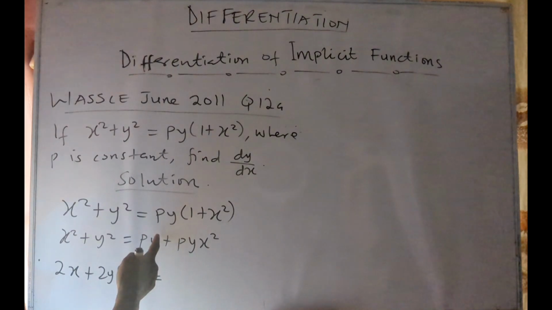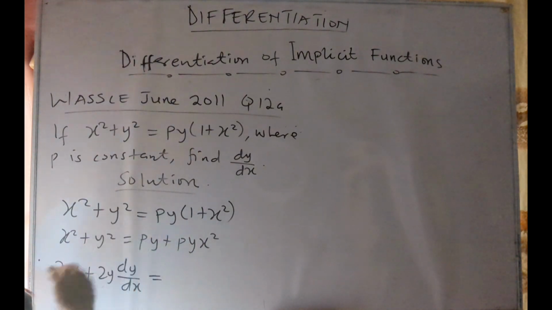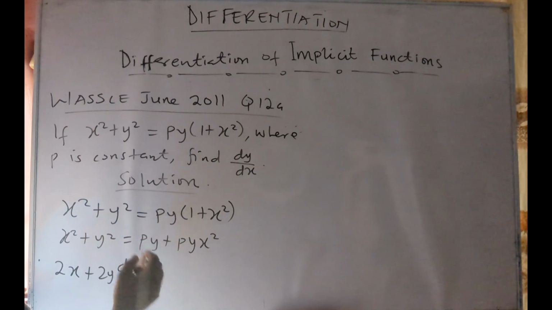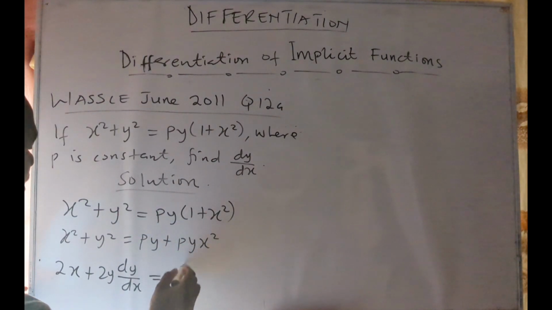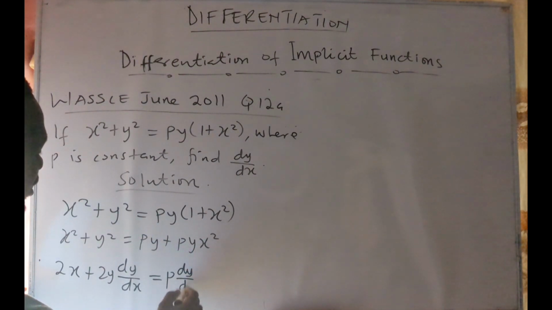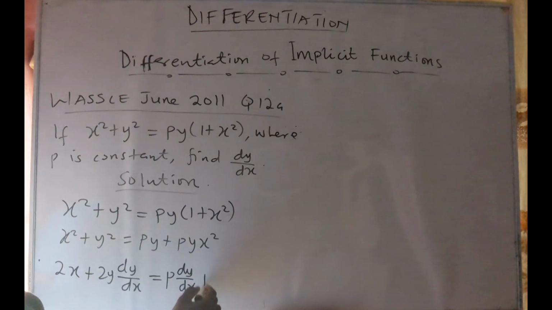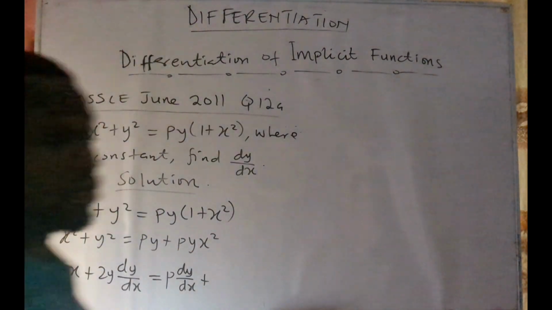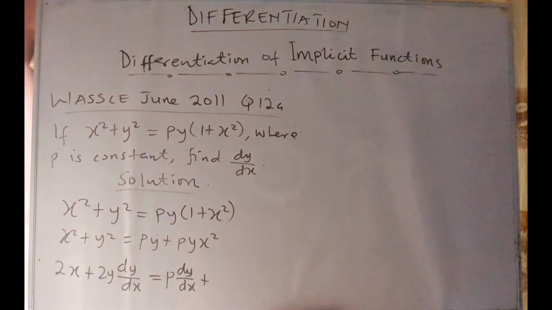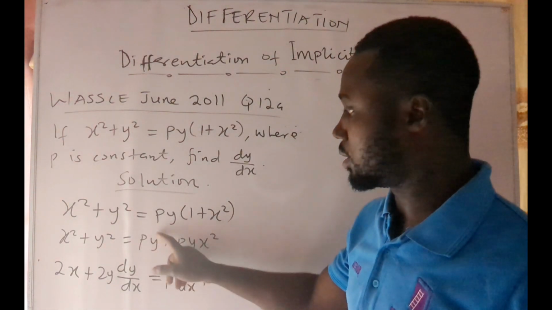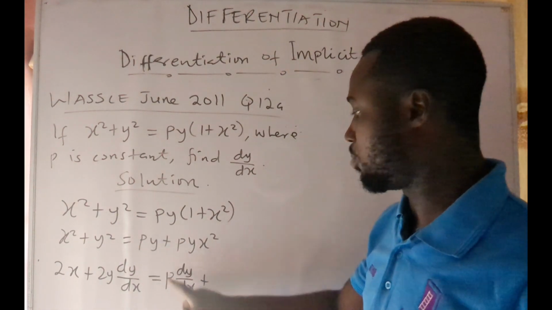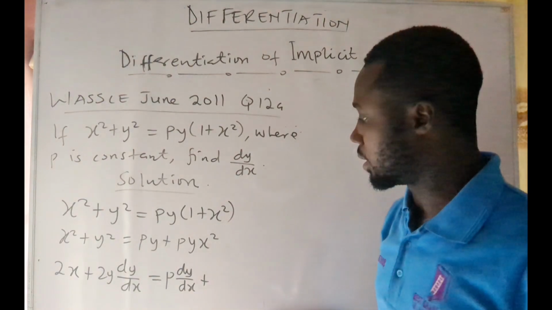So what we have to do is to differentiate the y, and that will give us dy on dx, and then multiply by p. So we have p dy on dx, because when you differentiate the p, it will be 0, and that makes the whole thing 0.